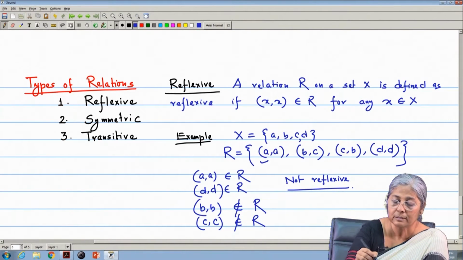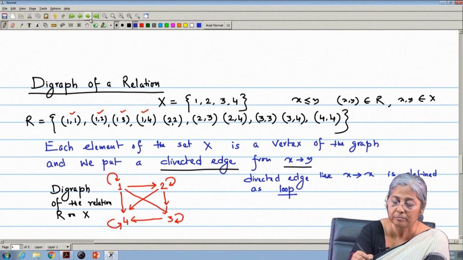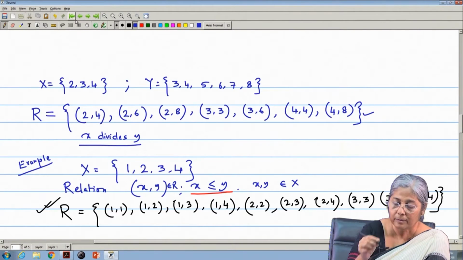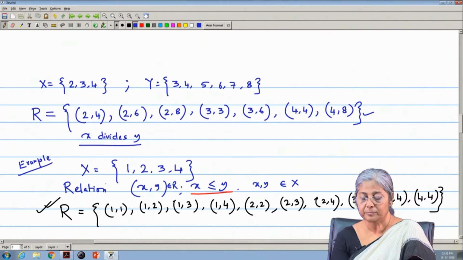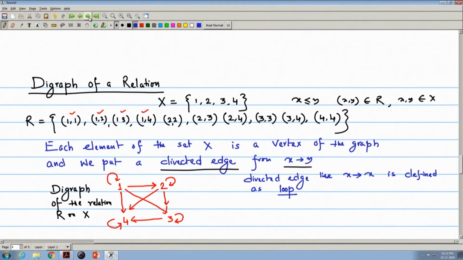We take another example, the previous example of less than or equal to.